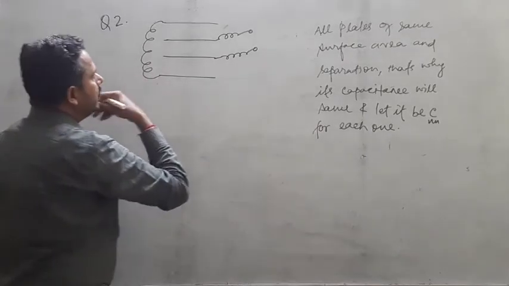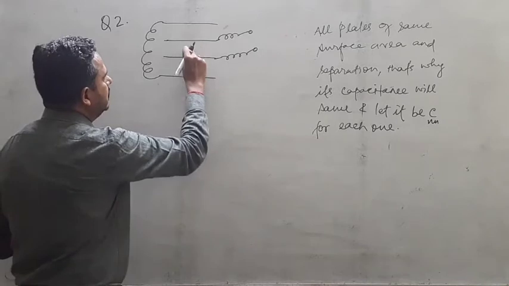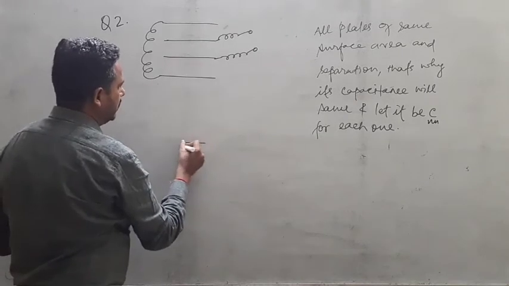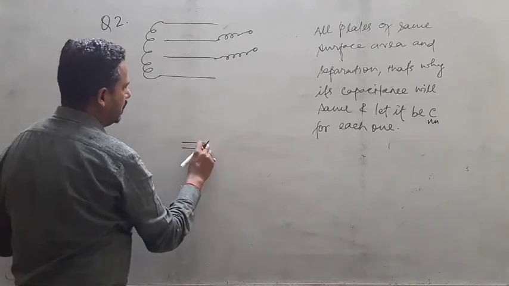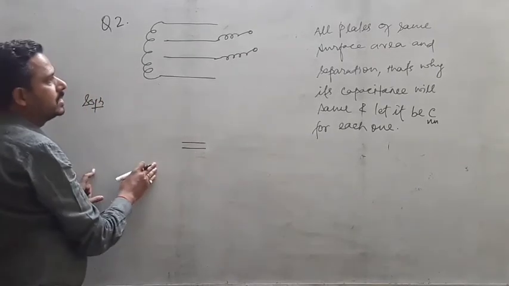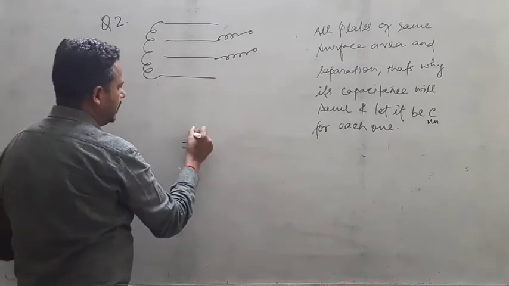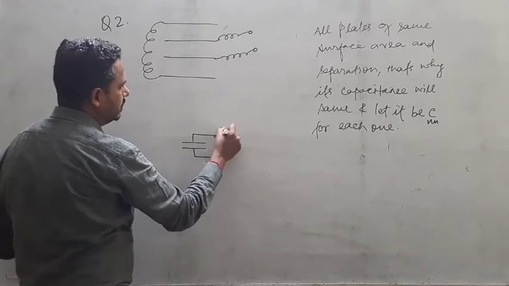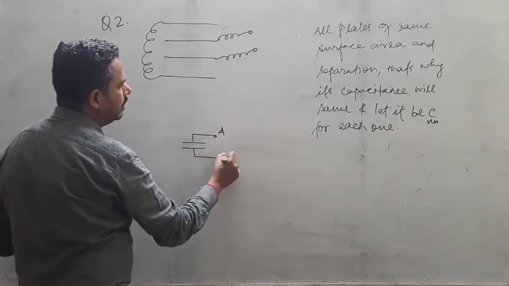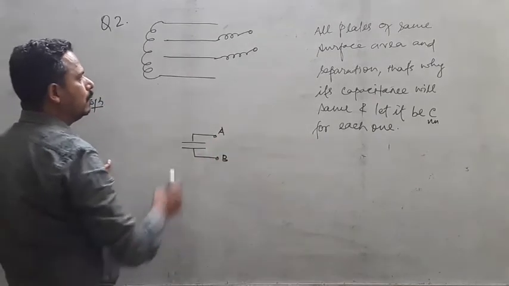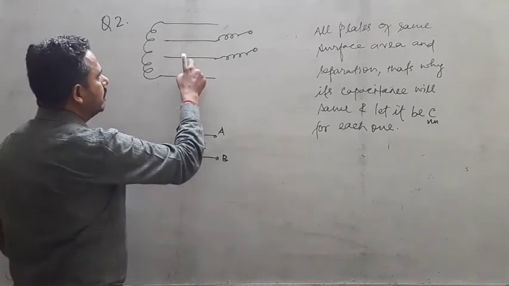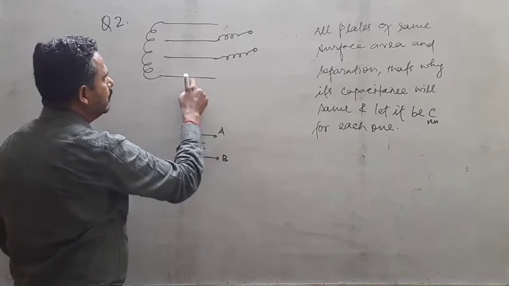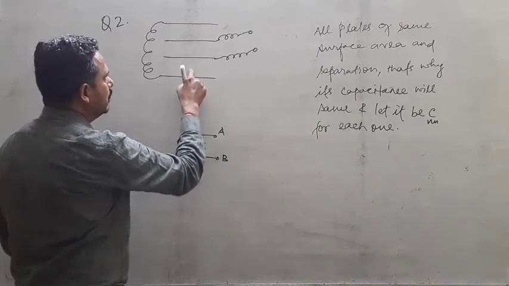In the same manner, take each gap as a capacitor. So draw capacitor 1 having capacitance C, and make this the terminal: this one is terminal A and let this be terminal B. Now the second plate of this capacitor is also connected to another capacitor, because there is one more capacitor.